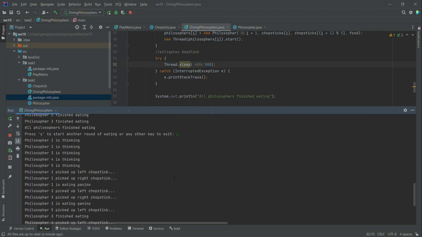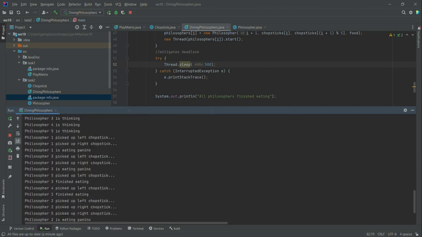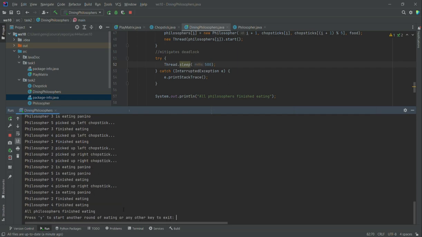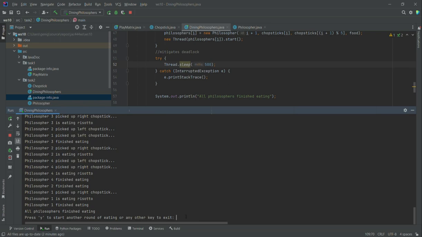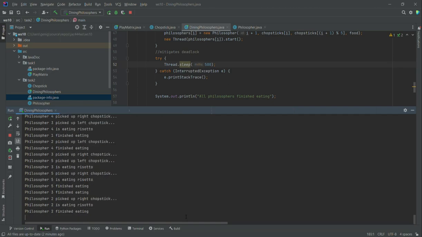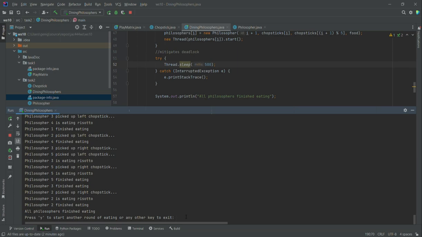This time we have panino. Number 1 starts first. Number 4 finishes last. We can have any round. Risotto, lampredotto again, parmigiana. Oh, it seems like number 3 finishes last. Okay, now this is number 2 being the last to finish.